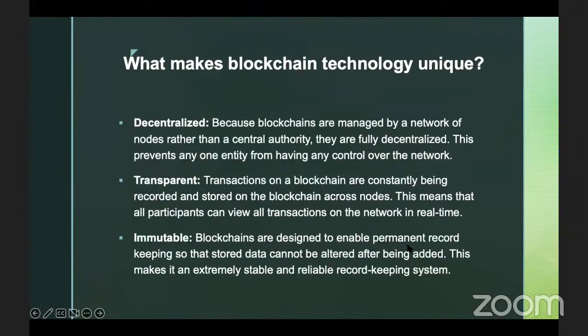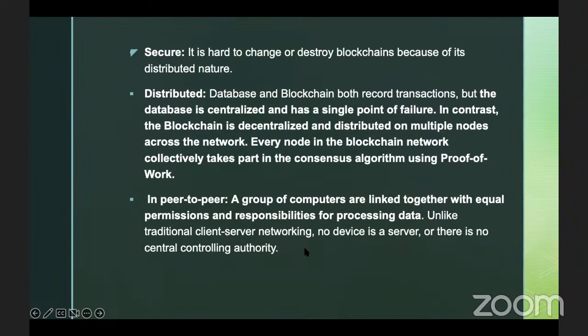Blockchains are designed to enable permanent record keeping so that the data cannot be altered after being added. This makes it an extremely stable and reliable record keeping system. Secure: it's hard to change or destroy blockchains because of their distributed nature, and security is ensured using cryptographic algorithms. Distributed means the data is shared.